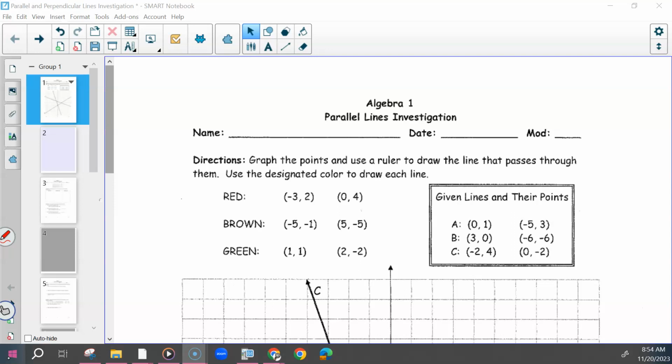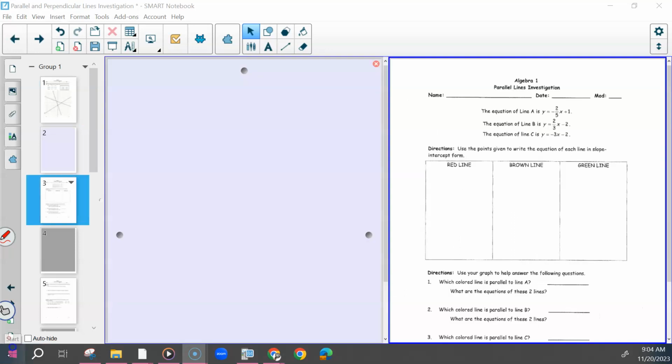Connect your points, make a line. If you need rulers, you can grab those. Make sure your points and line are in this color, or red, or brown, or green. If there are 3 of you, I would say 1 of you start with 1 color, and someone start with another, someone start with another, you guys rotate. Or if you have your own, you can take those out. I'll give you some time to do this, and then we'll go on to the next page. If you finish before we come back together, you can start the next page.